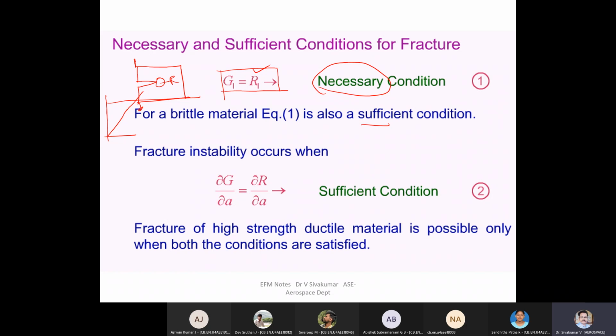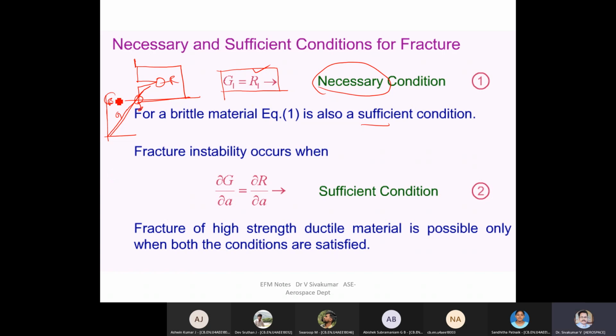Then only the crack will be there. Always, when G meets and crosses the resistance R, then this is the onset of crack expansion. This is R, this is G, because your G will increase with respect to load.